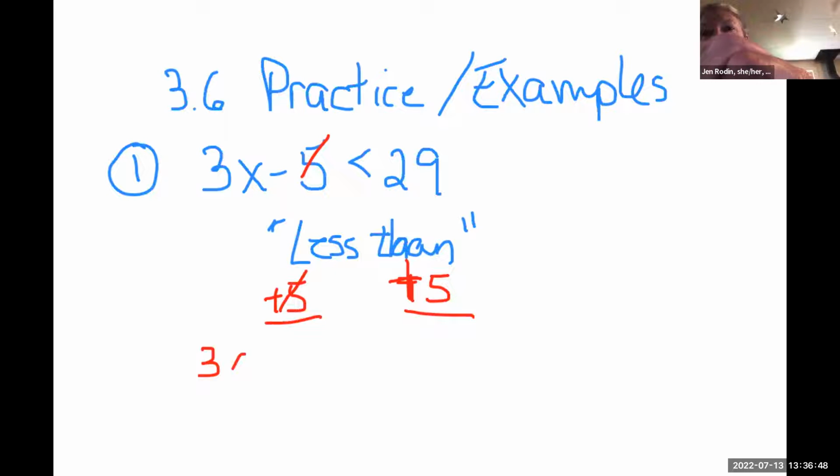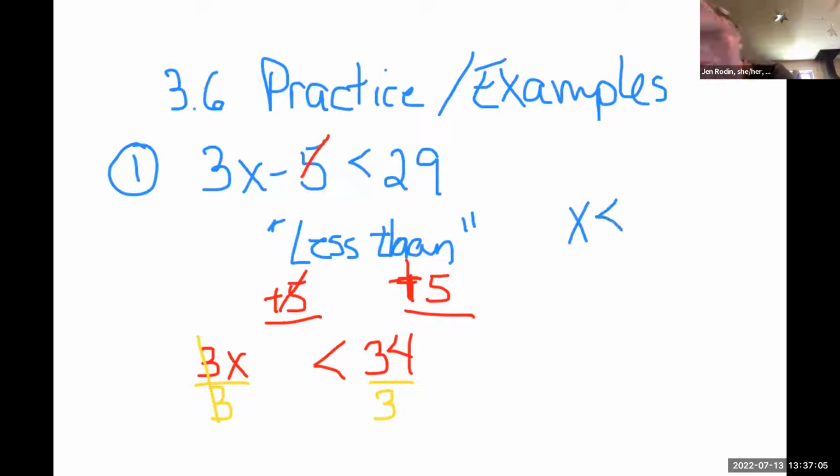29 plus 5 is 34. I'm glad I did that actually, because you can see that dividing by a positive, the arrow doesn't change directions. So the answer is x is less than 11 1/3. Let's see, 3 into 34 is 11, remainder 1.